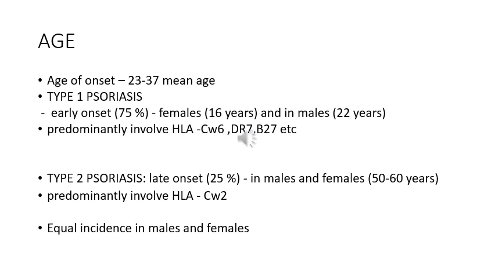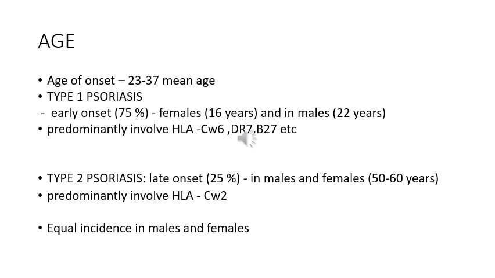What is HLA? I explained. HLA is nothing but the major histocompatibility complex in human beings. MHC is presented as HLA, and HLA-CW6 and others are the HLA involved in the formation of psoriasis. So the presence of HLA-CW6 etc. is helpful in the diagnostic aspect.